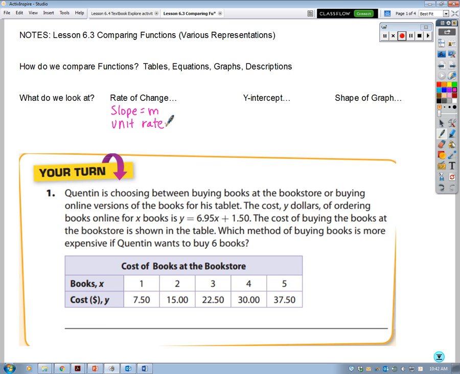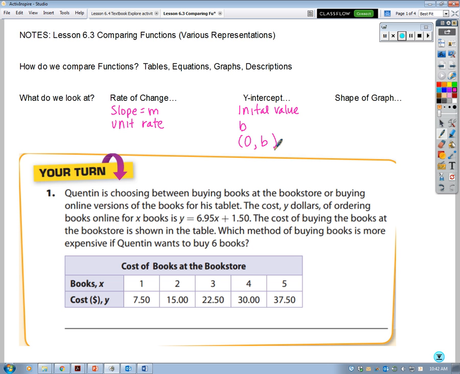Our y-intercept could be our initial value. That's our b value in an equation. In a table, that's going to be when x is 0, y is b, right? So it's going to be those types of things.